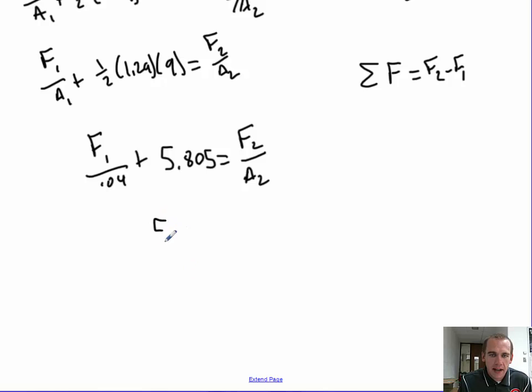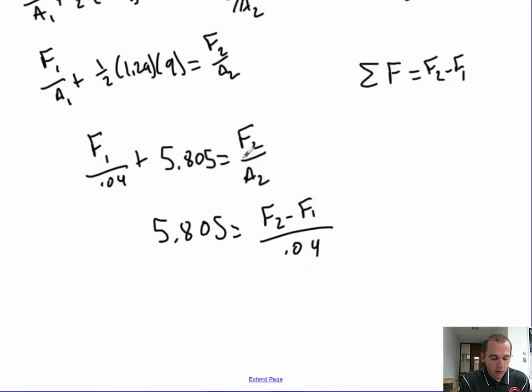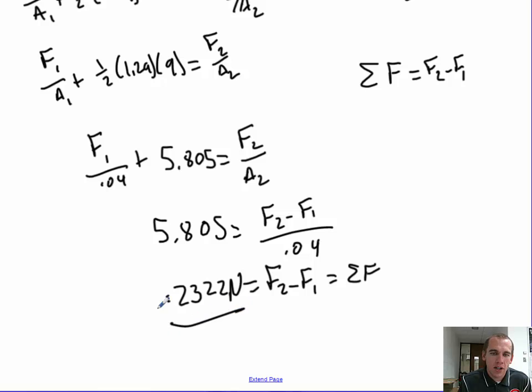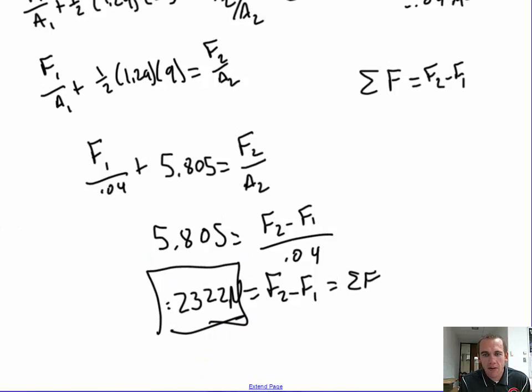I have 5.805 equals F2 minus F1, and this area is the same, 0.04. Then I can multiply both sides by 0.04, and I get 0.232 newtons is equal to F2 minus F1, which is the net force acting on my sheet of paper.